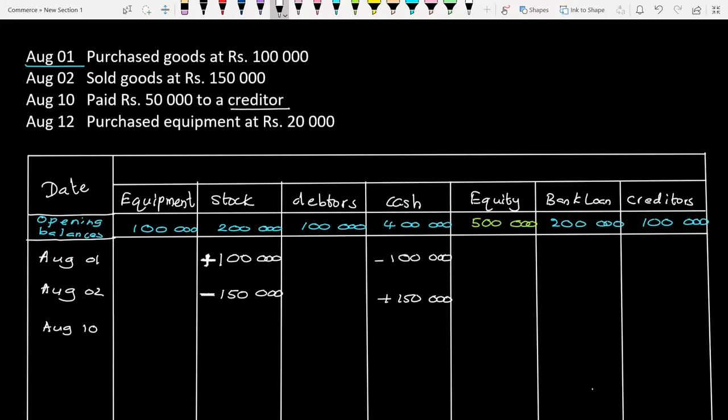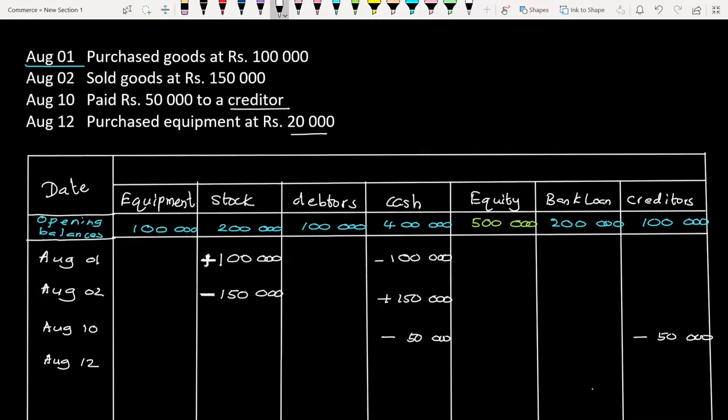So cash decreases by 50,000, and then creditors also decrease by 50,000. August 12th, purchase equipment at 20,000. So when the business purchases equipment, equipment increases by 20,000.